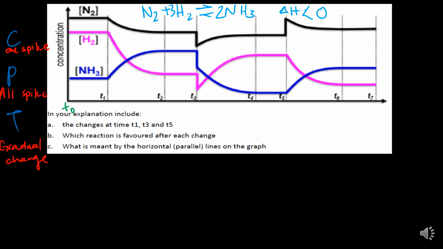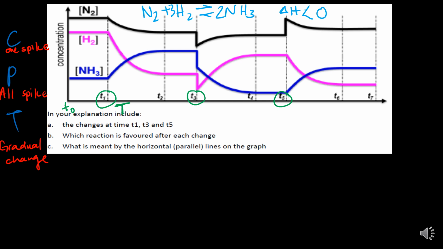So let's take this to the graph that we have here. If you look at these disturbances, T1, T3, and T5, these are the disturbances we're going to be focusing on. At T1, you see there's a gradual change in all the reactants and the products. So the disturbance that happened there is definitely a temperature disturbance, right?